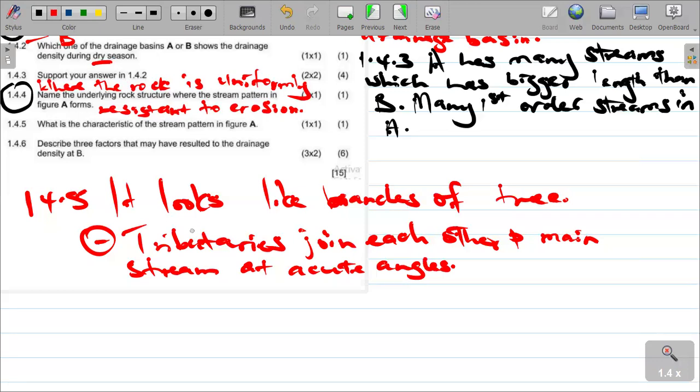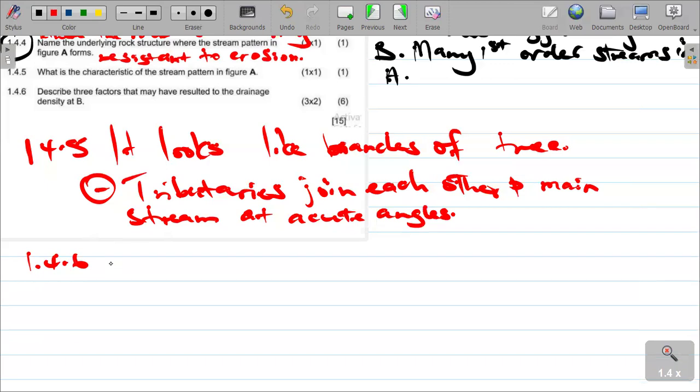And then 1.4.6. It says describe the factors that may have resulted in the drainage density in B. What might be the factors that might have caused this?